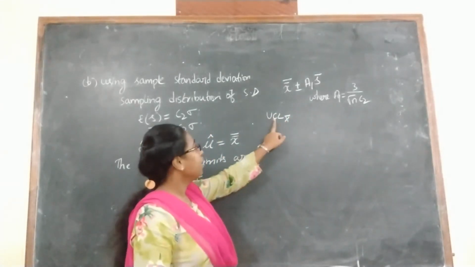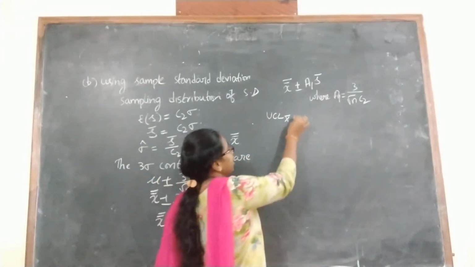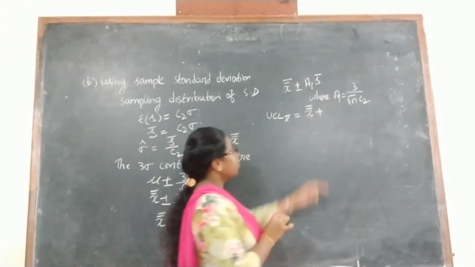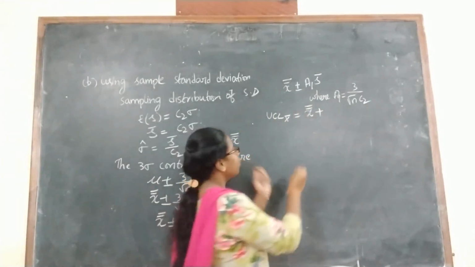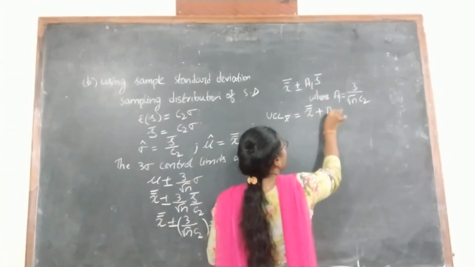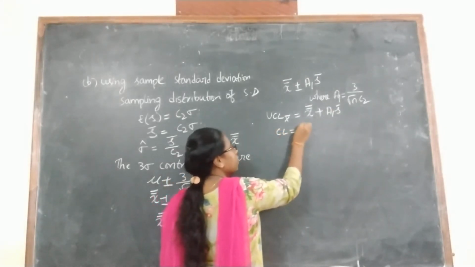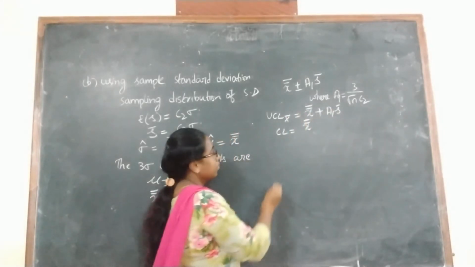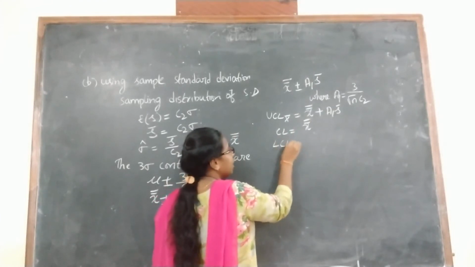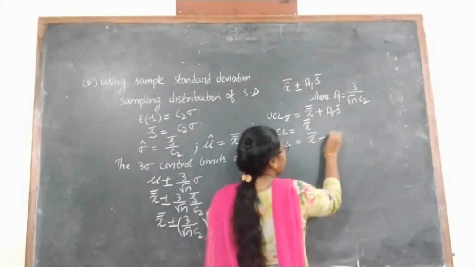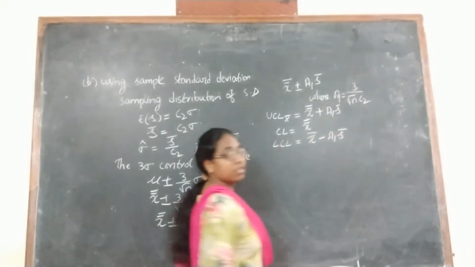So UCL of X bar equals X double bar plus A1 S bar, since taking the plus gives the upper control limit. Next, CL equals X double bar. Next, LCL equals X double bar minus A1 S bar.